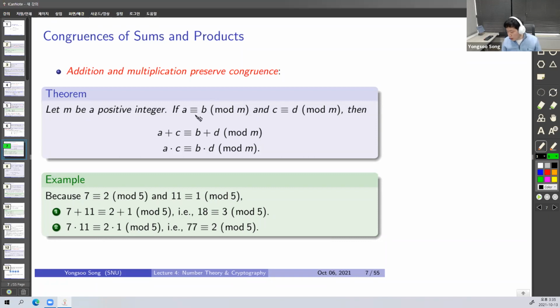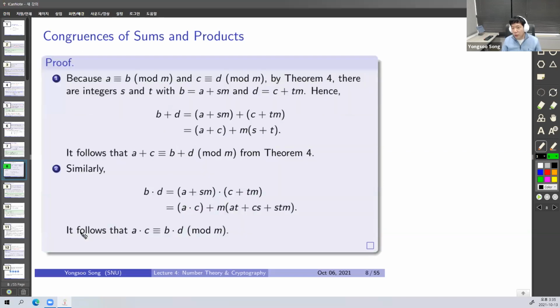Then we can show that a plus c and a times c are congruent to b plus d and b times d modulo m respectively. So for example, 7 and 2 are congruent modulo 5, and 11 and 1 are congruent modulo 5. Then the summation of 7 and 11 is 18, which is congruent to 3 modulo 5, that is 2 plus 1. And the same holds for multiplication.